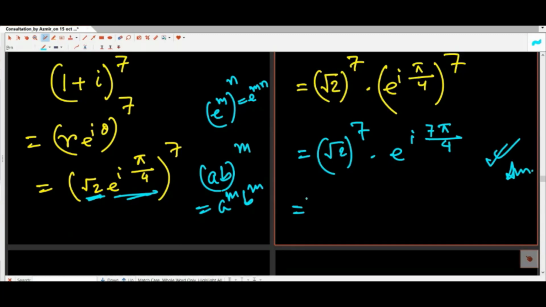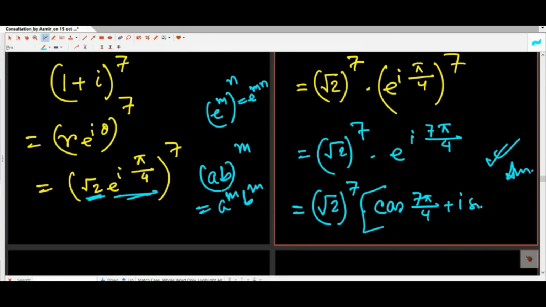So it will be root over 2 power 7 e power i theta. So that means using Euler's identity, it will be cosine theta plus i sine theta.